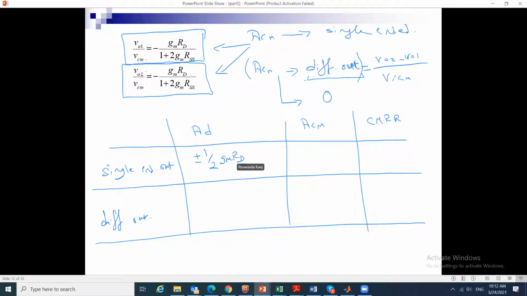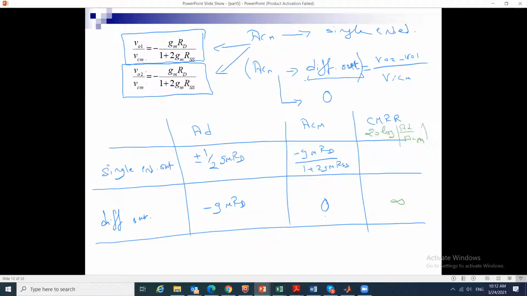A single-ended output here will be minus GMRD over 1 plus 2 GMRSS. Here it is 0 and here it is minus GMRD, of course parallel RO if there is RO in this case. So in here CMRR is 20 log AD over ACM in absolute value. So the denominator is 0. This is infinite. This is ideal. This is what I'm going after.